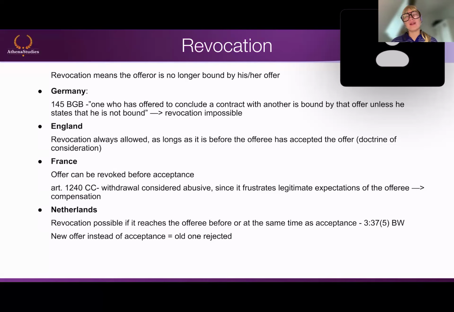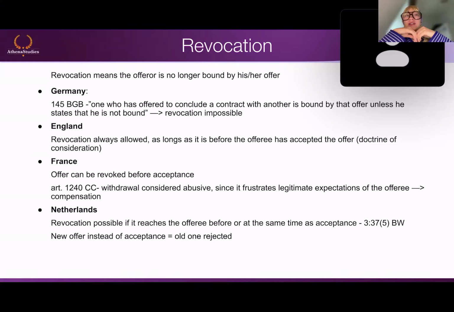France is kind of a middle one. It is the same approach as England, saying that you can revoke the offer before the acceptance, but this will more likely be seen as abusive and will lead to a compensation requirement.